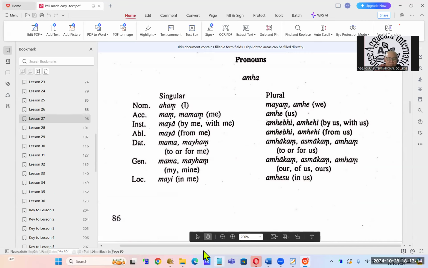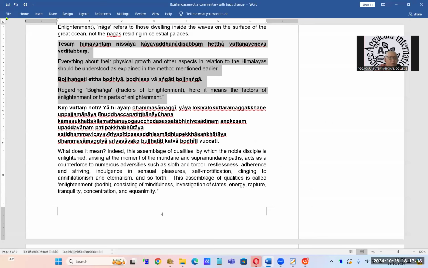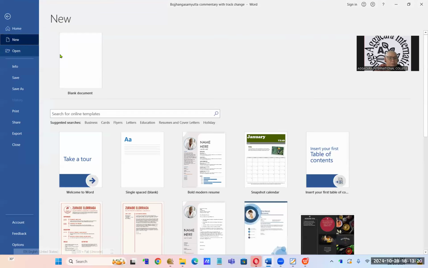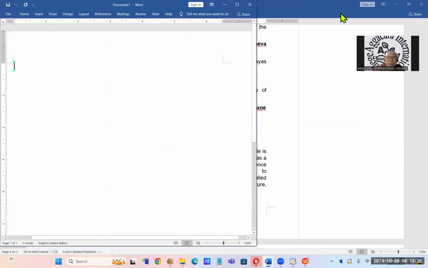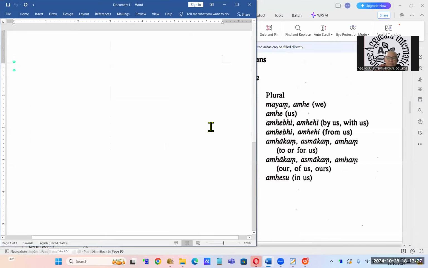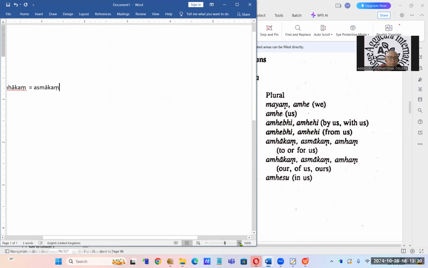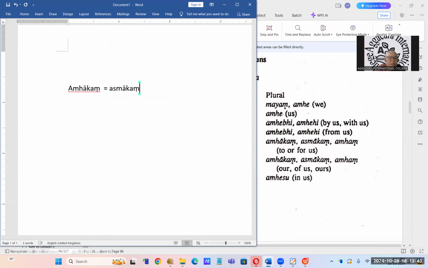Okay, so I open another document. So we see the Pali. Now this is amhakam. How does it change to asmakam? I'll make it bigger. One thing you learn is that when we see the Sanskrit, we can see the changes.